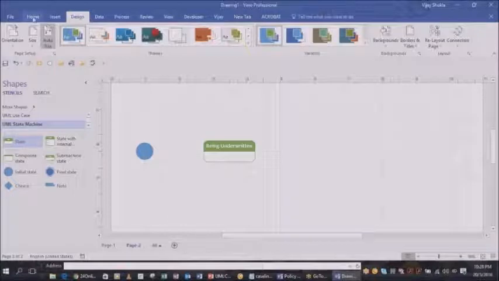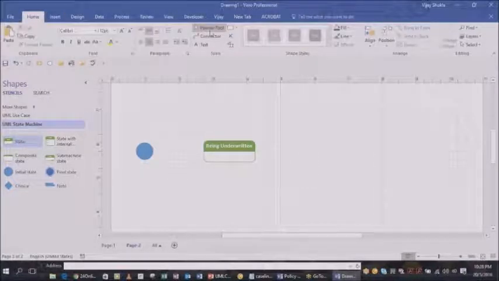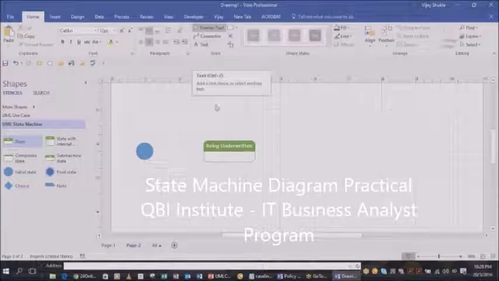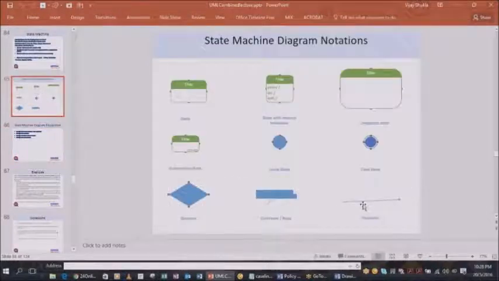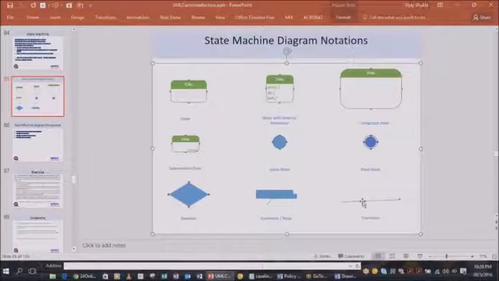And here you see, this is the notation for the transition between the states, this arrow.